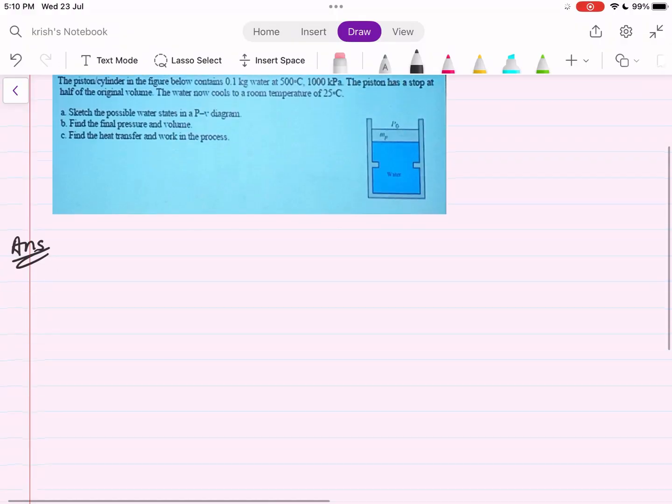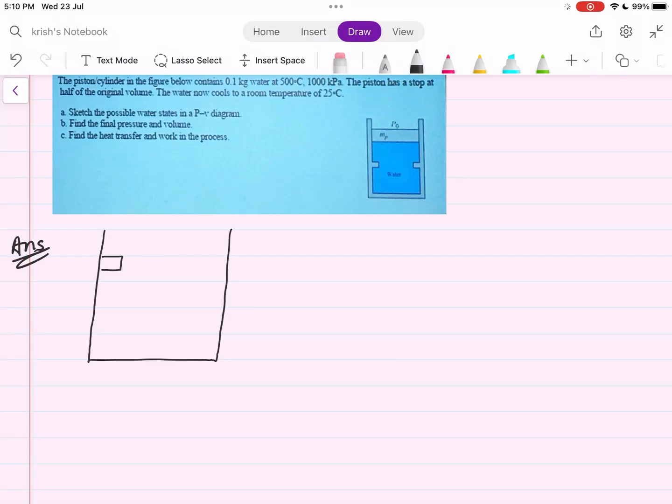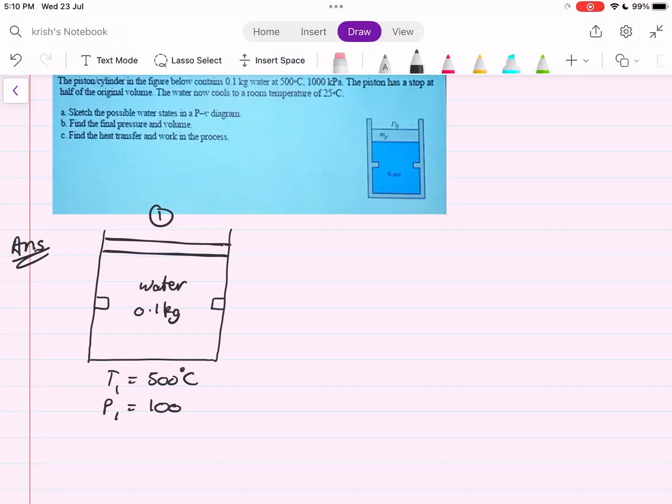And yeah, let's begin. The piston cylinder in the figure given below contains 0.1 kilogram of water. Let's just draw this. Water, 0.1 kilogram at state 1 with T1 of 500 degrees Celsius and P1 of 1000 kilopascals.